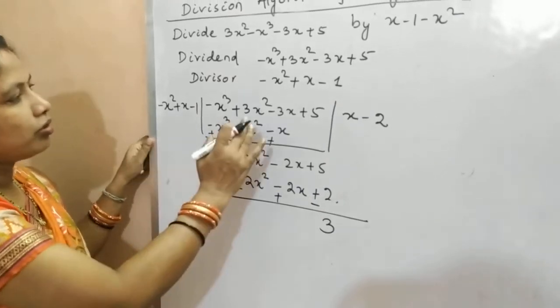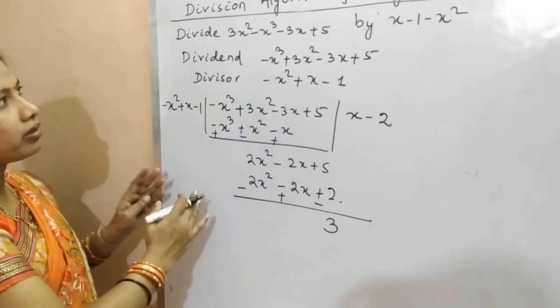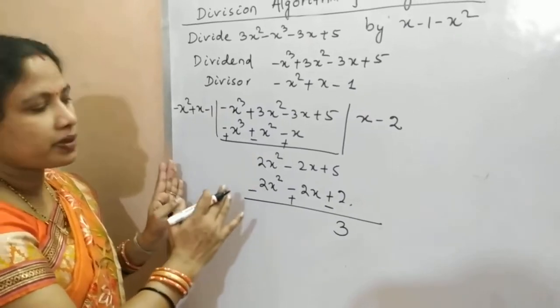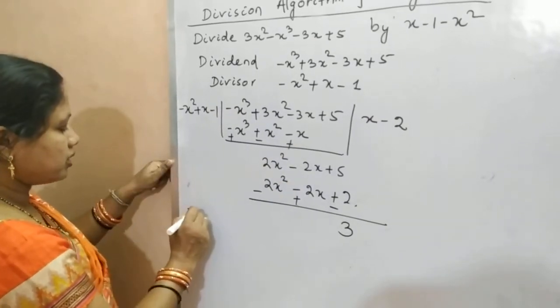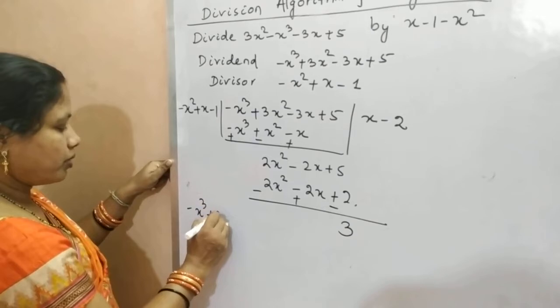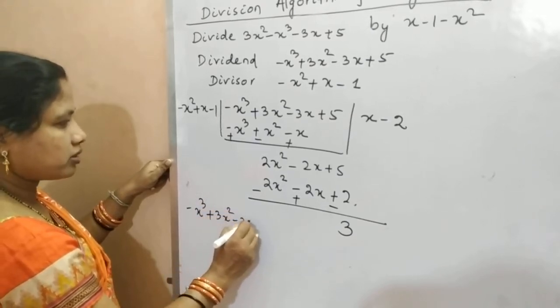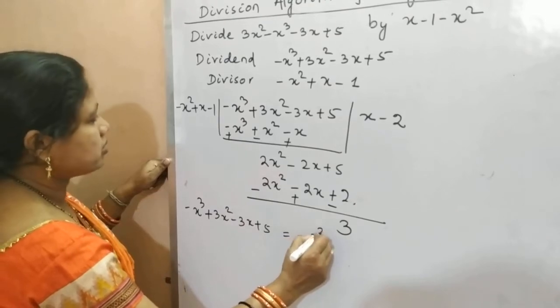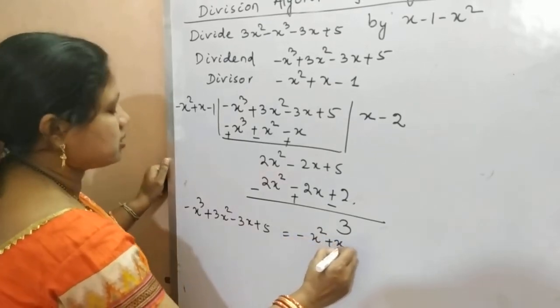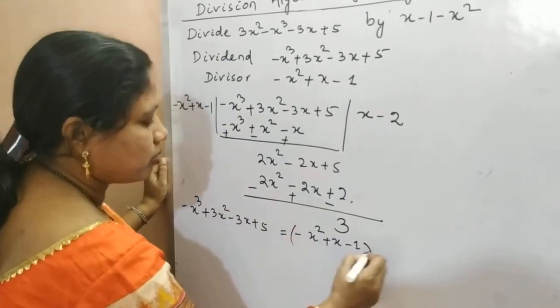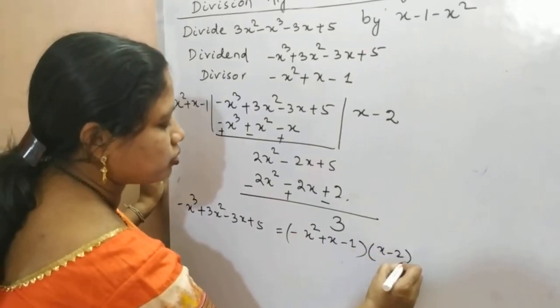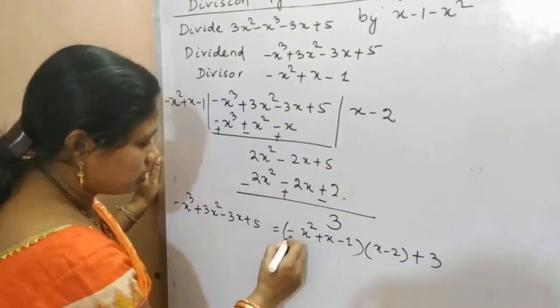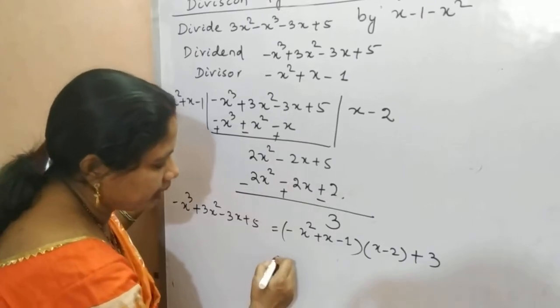So we have to verify whether the division algorithm is satisfied here or not. So the dividend, minus x cube plus 3x square minus 3x plus 5, is equal to minus x square plus x minus 1 whole into x minus 2 plus 3. So we have to solve the right hand side.